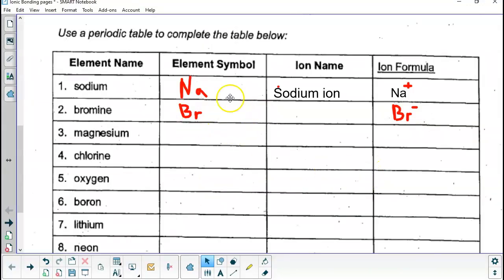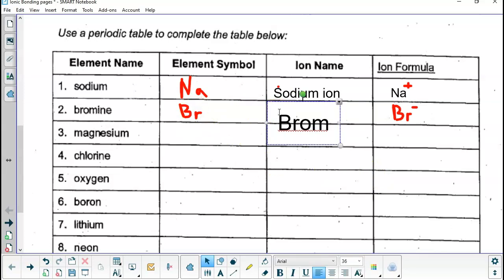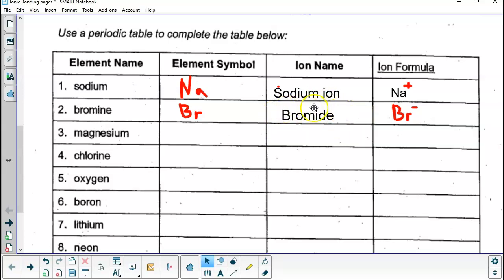Okay, so instead of writing bromine, I'm going to write brom and then IDE. Now, I am not going to count you wrong if you spell something right or wrong. Some of the names, they'll roll off your tongue because you've heard of them before. But if you spell it wrong, I don't really care. As long as the ending is good and I can recognize the beginning as belonging to that, you're good.